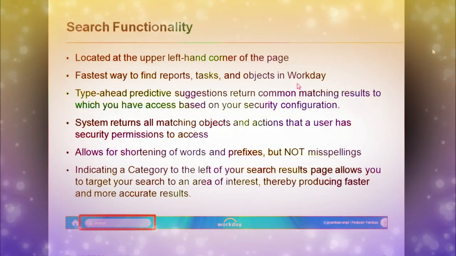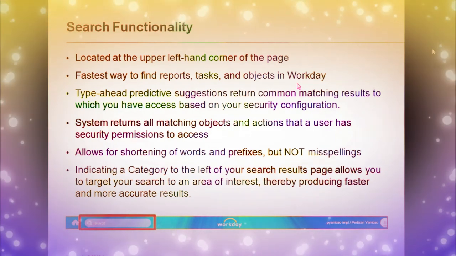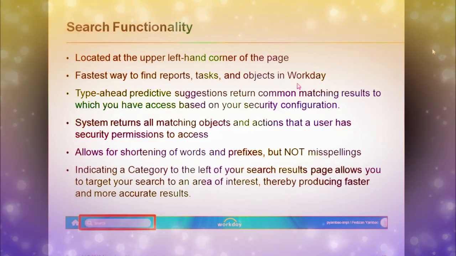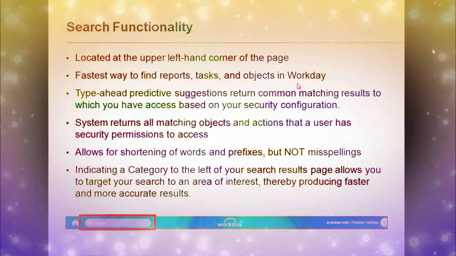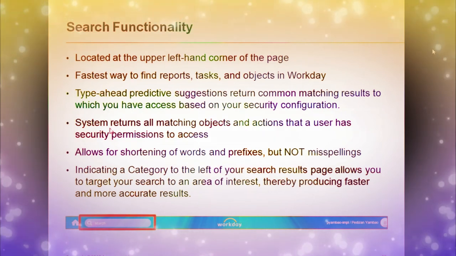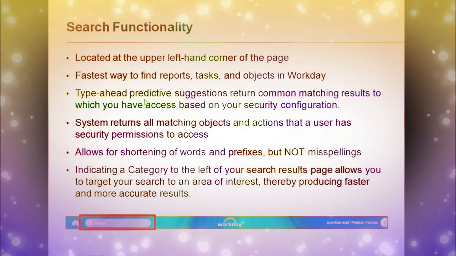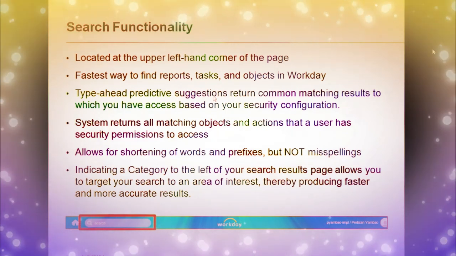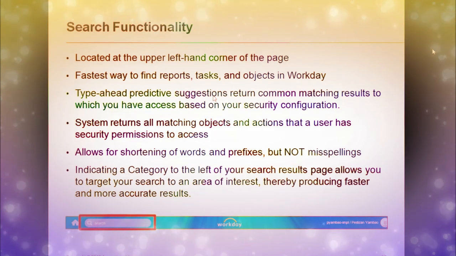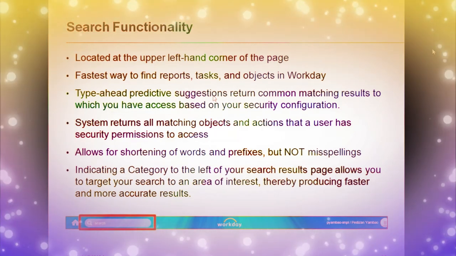Any kind of reports or tasks or objects that I want to do in Workday, I can just type it and I get all the things that are fed into it. Type-ahead predictive suggestions: I need not even type it fully. Before I could type, whatever is matching, that result will be displayed. That is being given in the third point.